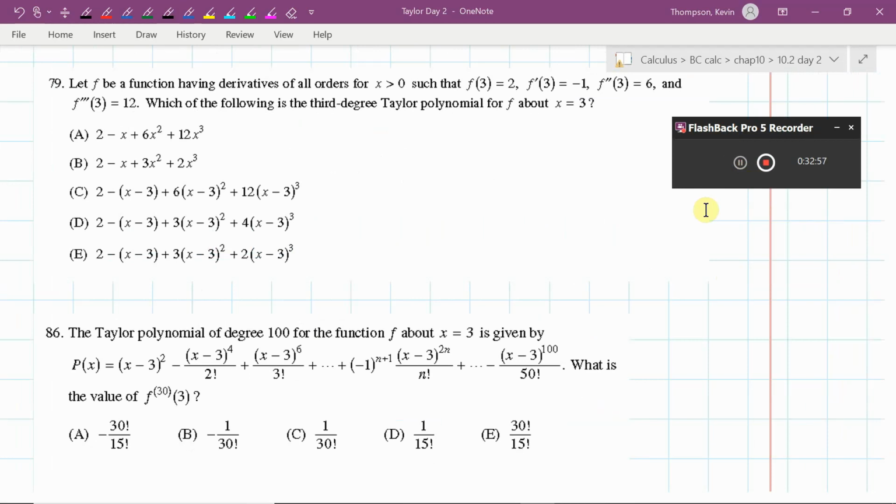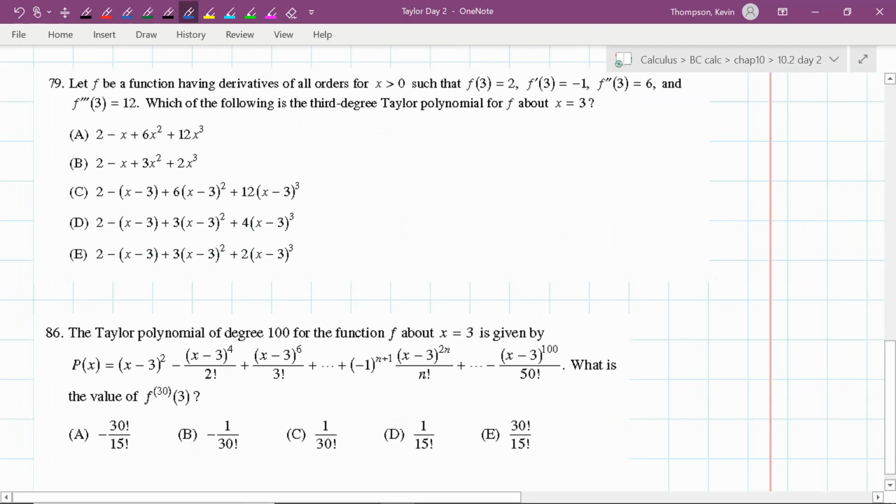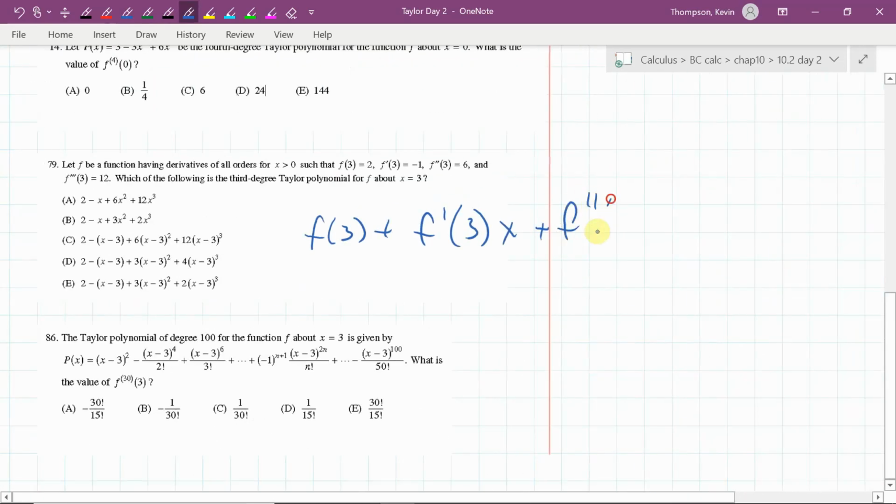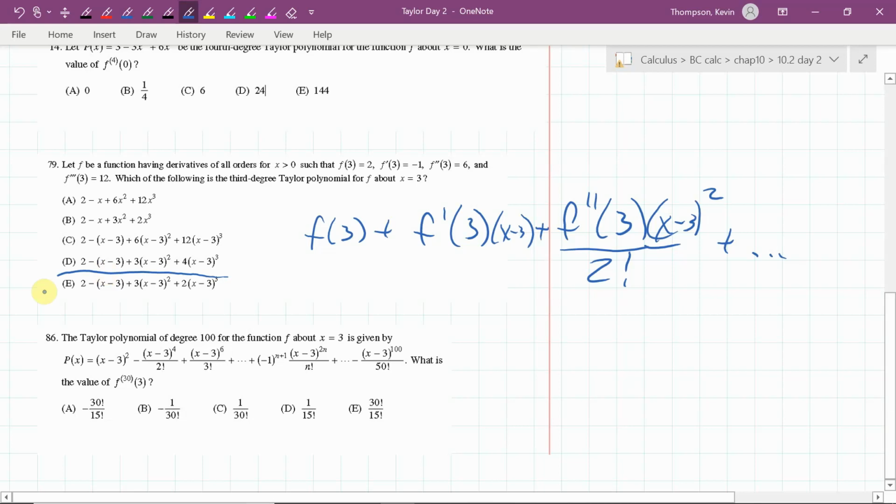If I was going to write this out, shouldn't I say f of 3 plus the derivative at 3 times x plus the second derivative at 3 over 2 factorial times x squared, et cetera, et cetera? I'm just putting that together. I'm sorry, centered at 3, x minus 3, x minus 3 squared. So what's the answer for 79? I think it's E.